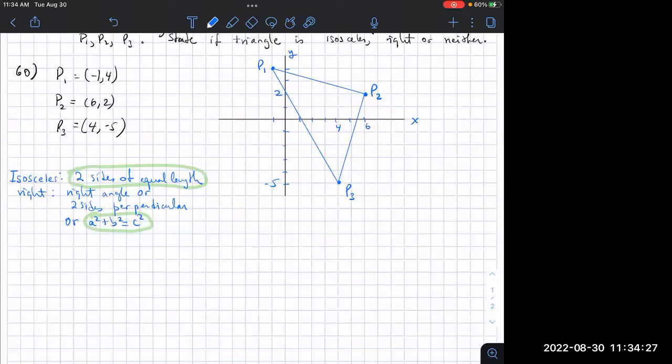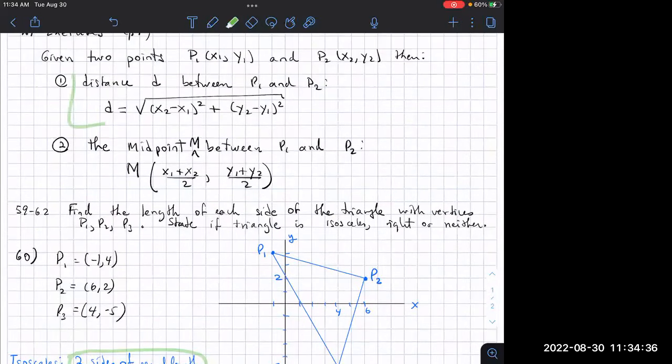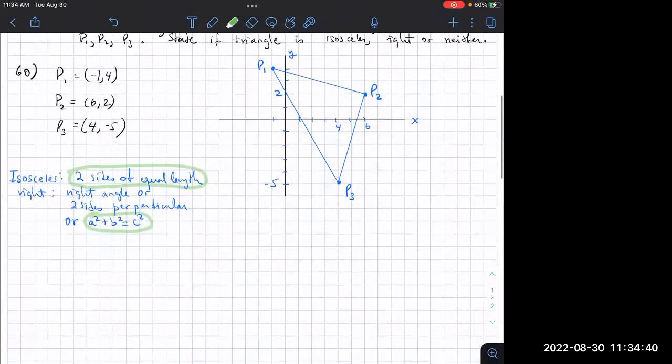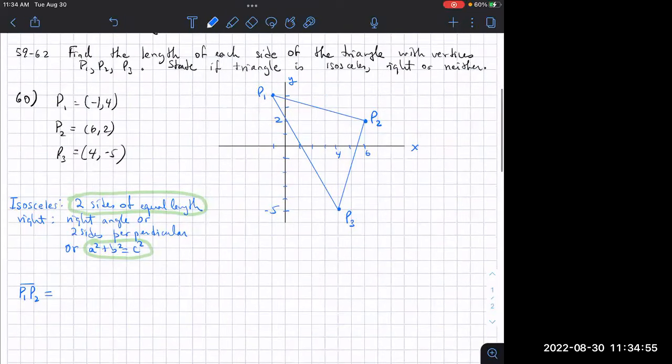Okay. All right. So we want to find the length of the sides. And to do that, we're going to use the distance formula three times. So to find the length of the side from P1 to P2, I'm looking at these two sets of coordinates.